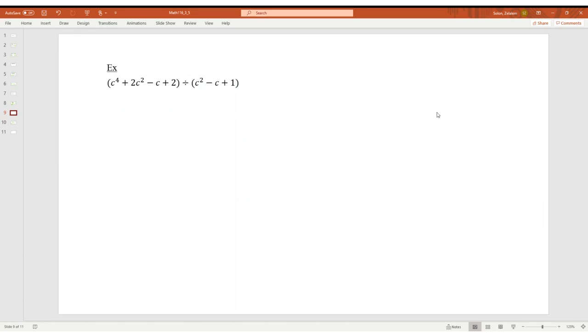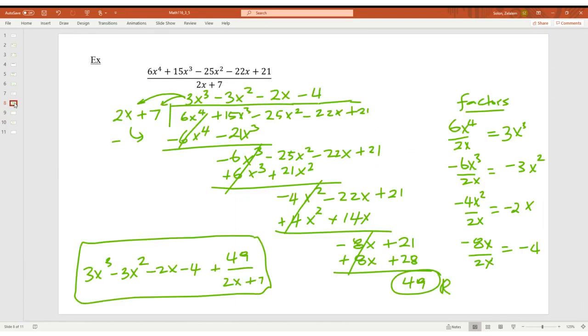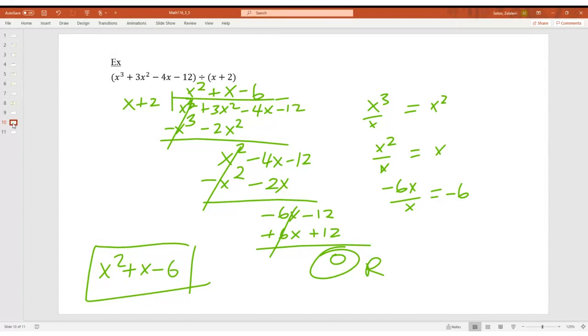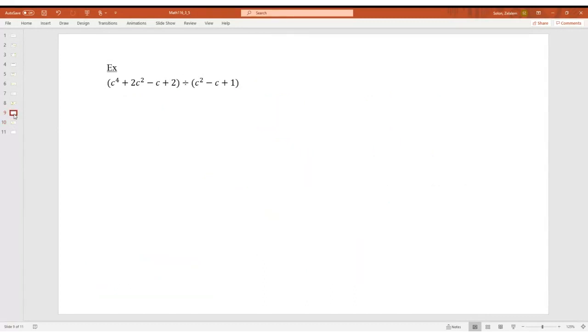Now, first, the expression has to be in standard form. This is standard form. So if you see this expression, it's not in standard form. We are missing c cubed.